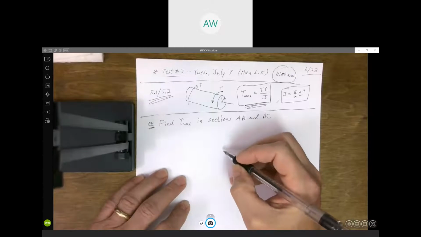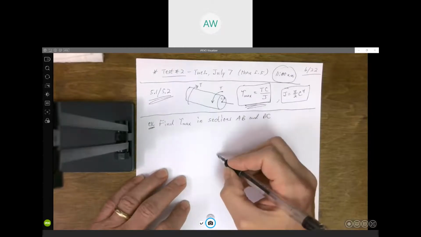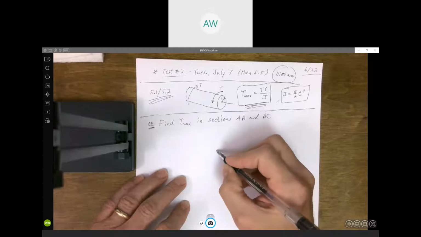Part of it's hollow, part of it is solid. So we'll see. This may not come out too good.